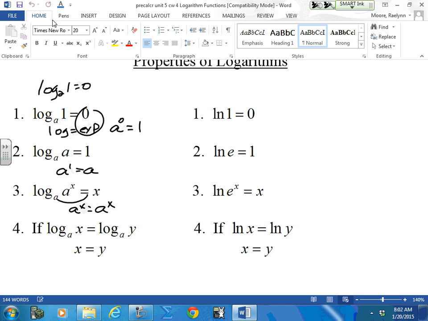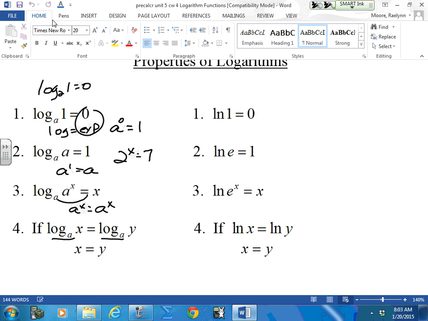Yep. And this one says if your log base is the same and you change this number here, then these two have to be equal, which makes sense if you make an equal statement here, right? It's almost like saying x equals y because the log base is the same. Do you remember the log rules? When we had logs on both sides, you can take them away. Remember putting logs to both sides? How would I solve a statement like this? I got to get the exponent down.